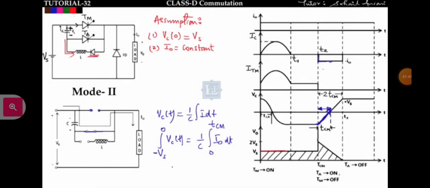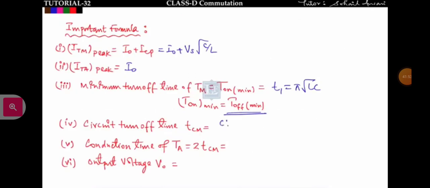Solve this and you will get TCM, the circuit turn off time, equal to CVS upon I naught. This is the circuit turn off time of the main thyristor. So it will come out to be CVS upon I naught.